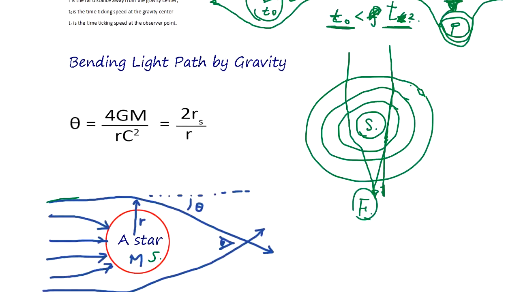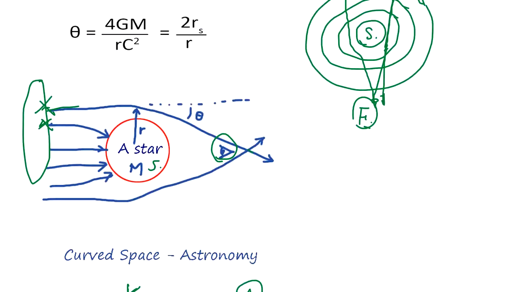So if you put the eye here, you can see something behind the star bigger. And if you have a star here, the famous experiment, Einstein predicted the star behind the sun, say it's here in this direction.